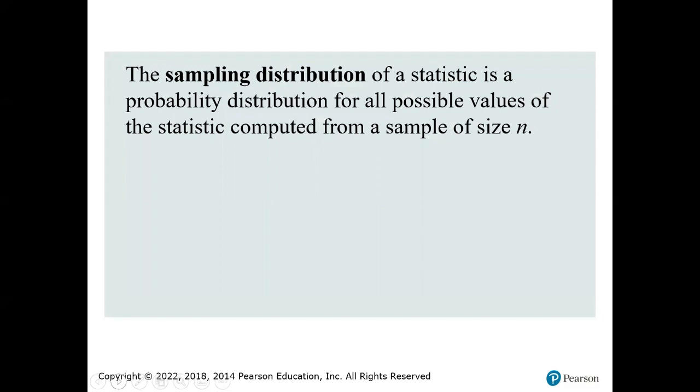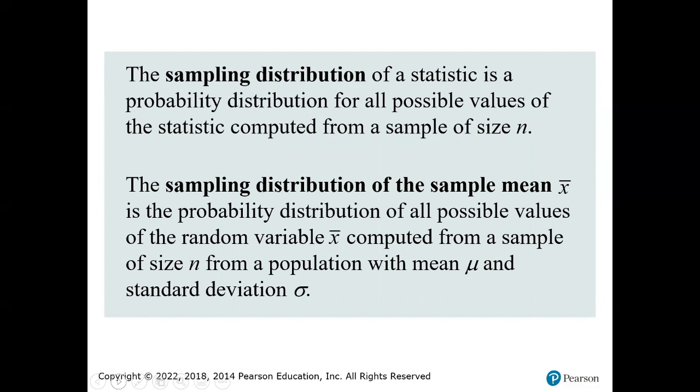The sampling distribution of a statistic is a probability distribution for all possible values of the statistic computed from the sample size n. The sampling distribution of the sample mean, X bar, is the probability distribution of all possible values of the random variable X bar, computed from a sample size n from a population with mean mu and standard deviation sigma.